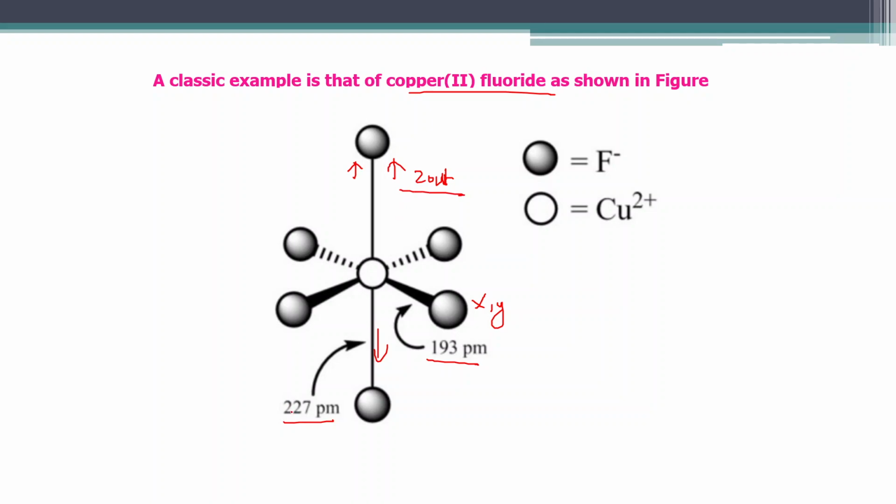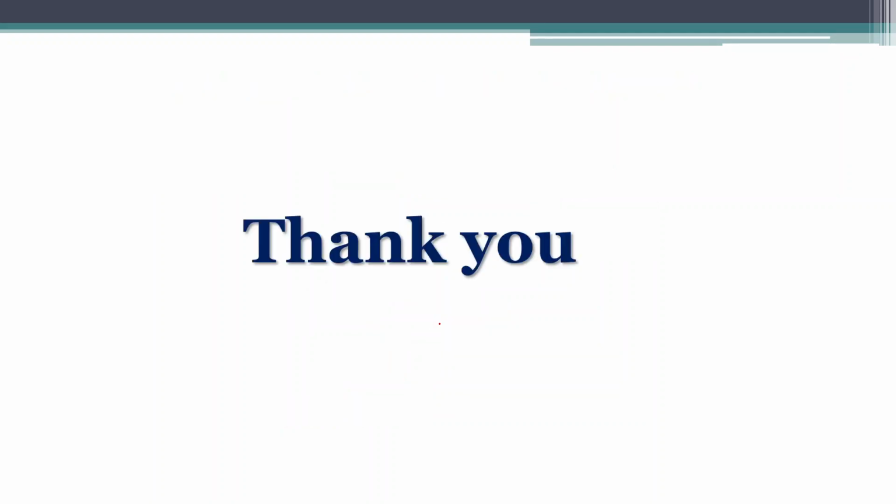You can see 227 picometers and 193 picometers. The bond length on the Z axis is longer because of the Z-out distortion than in the XY plane. And these are all examples for this. Thank you for listening.